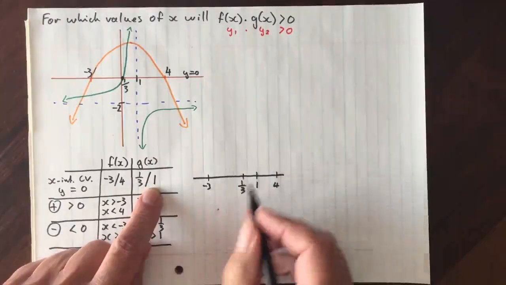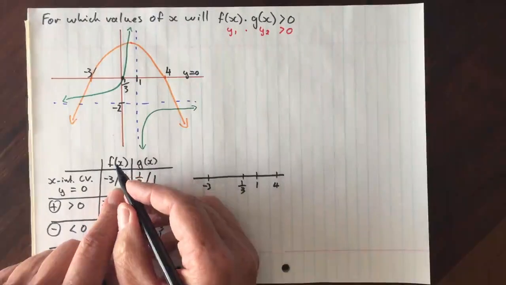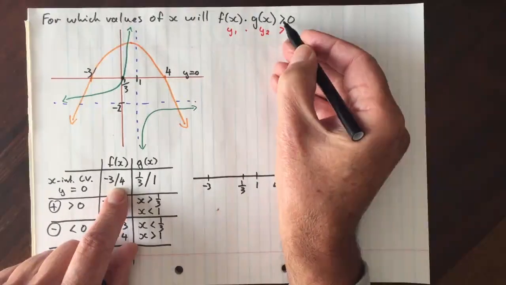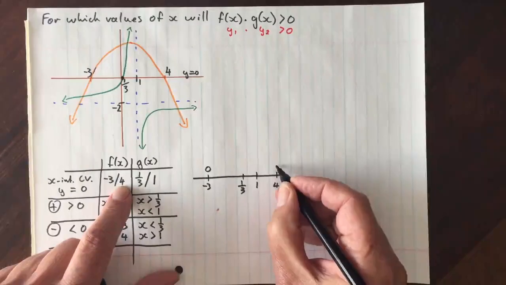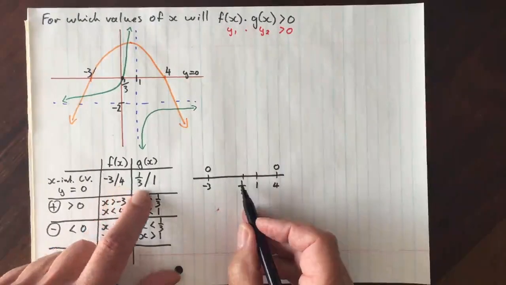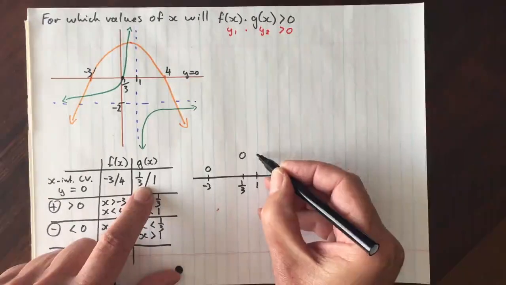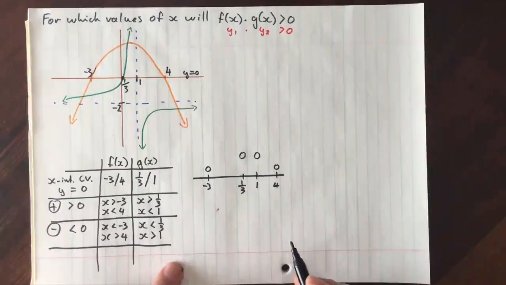Right, this is not up to scale, but that doesn't matter. For my parabola, I have -3. We're working with not included values, so it will be an open dot. The 4 will be an open dot. And for my g(x), also open dots. Let's just write it a little bit above the line, above the one that we're working with.